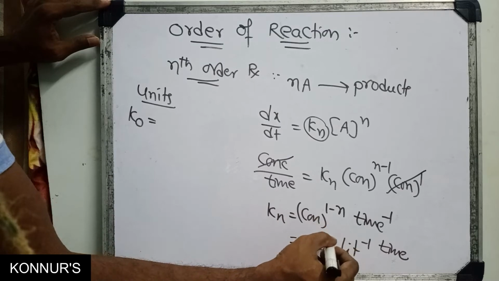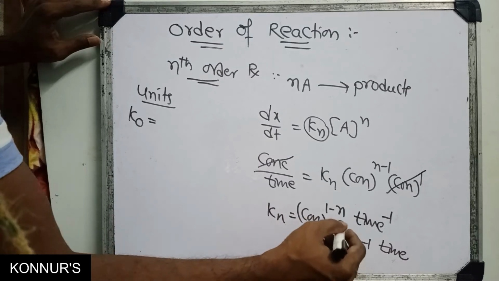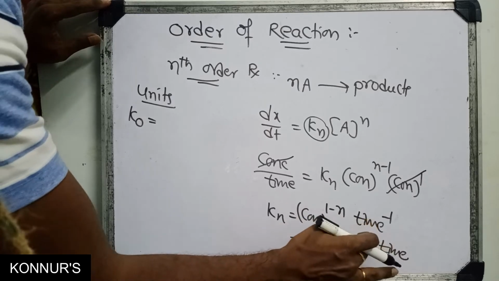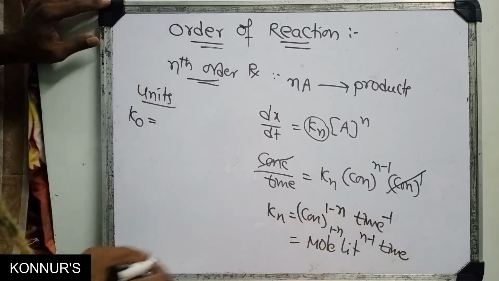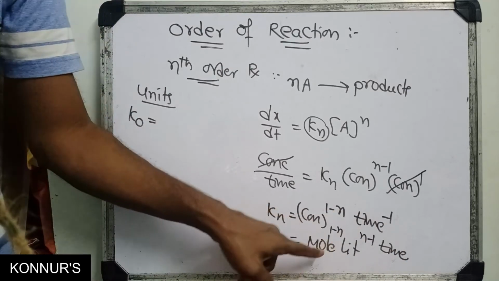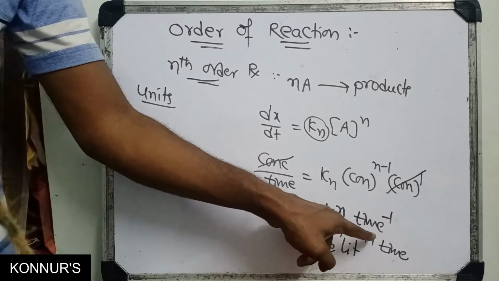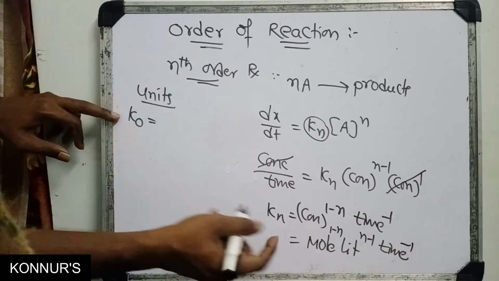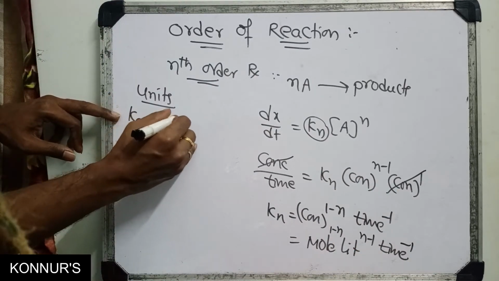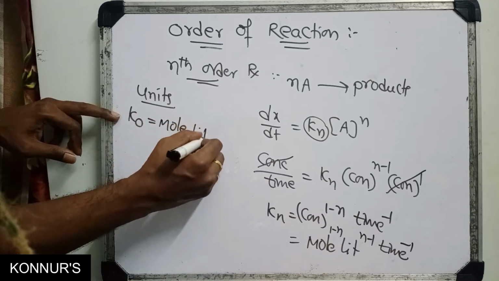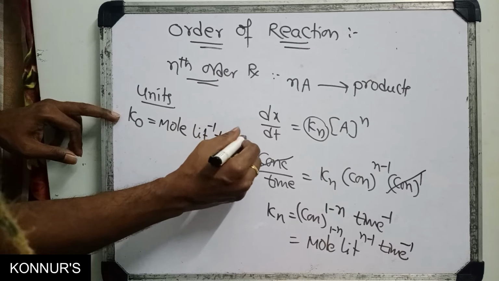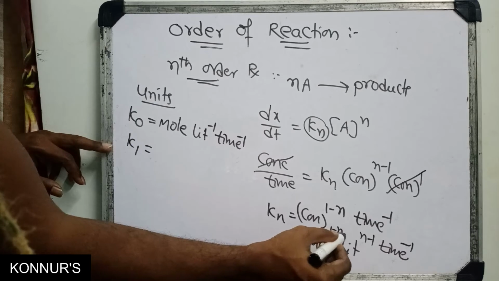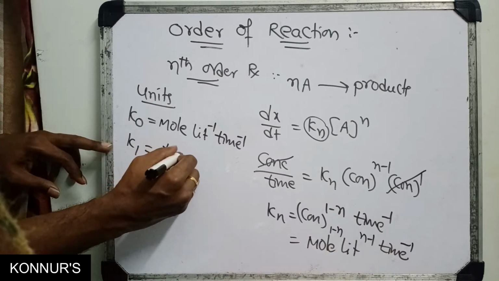So mole to the power of 1 minus n, liter to the power of n minus 1, and time inverse. For K0, putting n as 0, the units are mole per liter per time; instead of time, you put seconds or whatever it may be. Next K1: 1 minus 1 is 0, so simply time inverse.